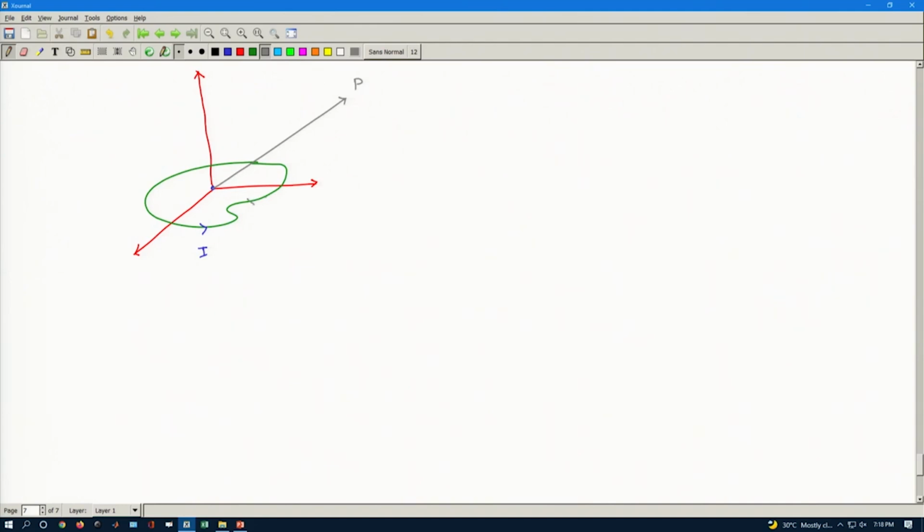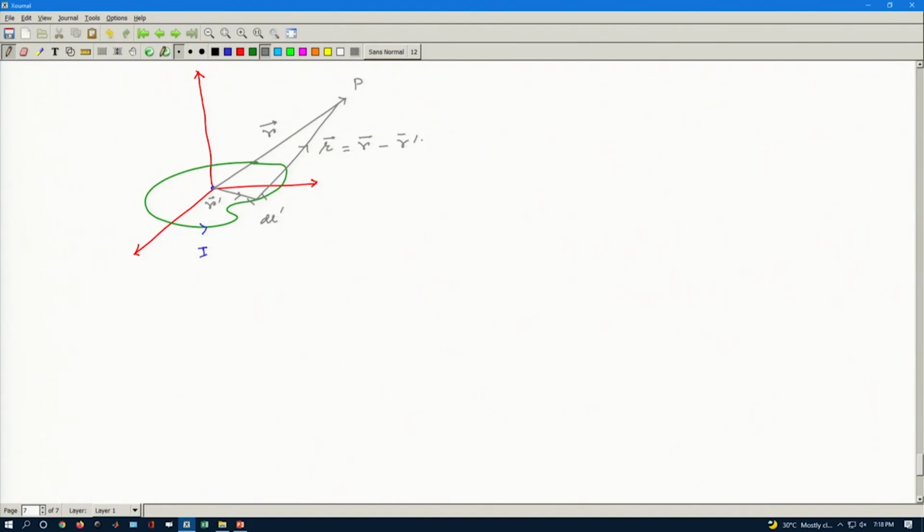I can have a section here, say dl prime, and from here to here this is the vector r prime, and the vector from here to here is my curly r, which is r minus r prime. So this is the geometry we are having.